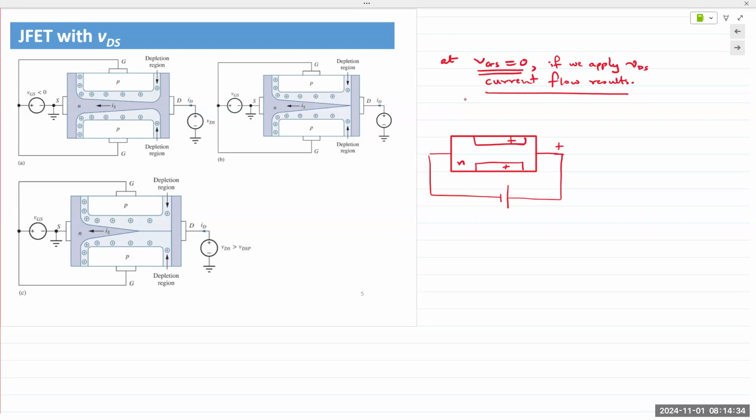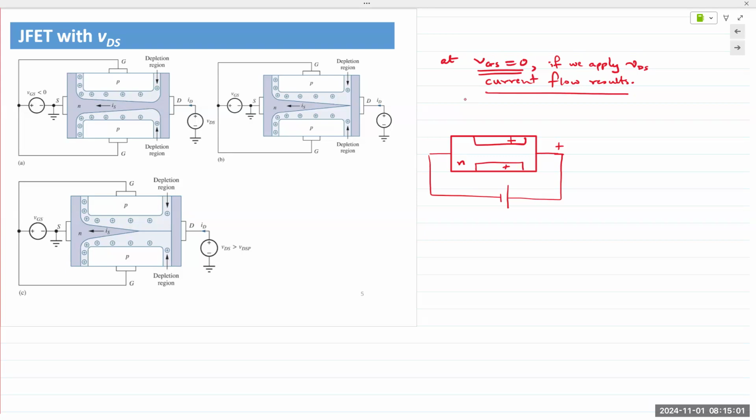The effect is still the same. The depletion region is still increasing because of the reverse bias. And at some point, both ends are going to come up and meet together. So we have current flow, but increasingly the channel is being constricted, and at some point it is going to get pinched off.